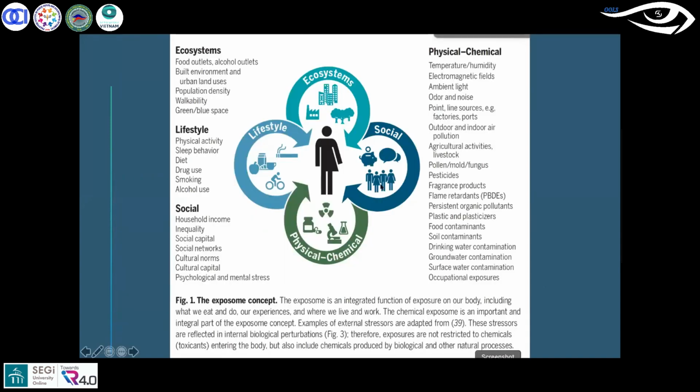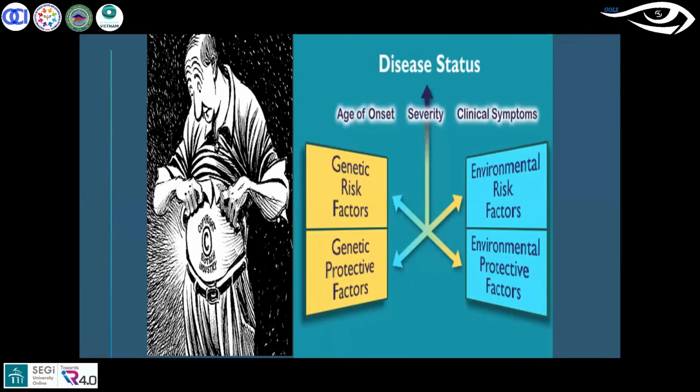So as I told you, we have ecosystems around us, the lifestyle which we practice, and the social environment, our immediate environment, household, workplace, so many physical and chemical agents which are responsible for us to get disease, right? So in complex disorders particularly, we have 4 recipes that make us and hold us either in health or disease.